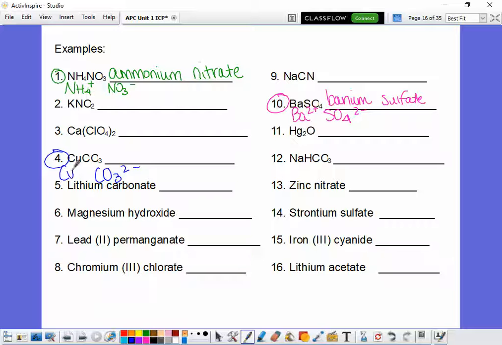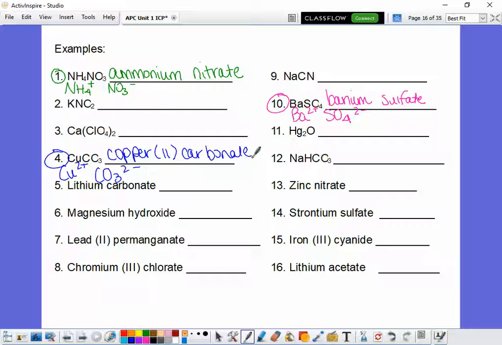Therefore, the Cu has to be +2. This is where, again, recognizing those polyatomic ions, not just what elements and how many elements there are in there, but also their charges. So what would this name be? Copper 2 carbonate, because copper is one of those elements that needs a Roman numeral.